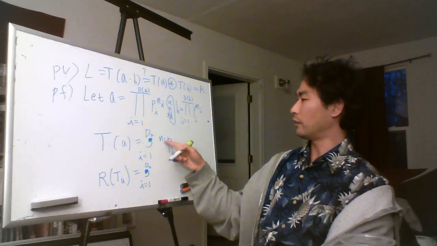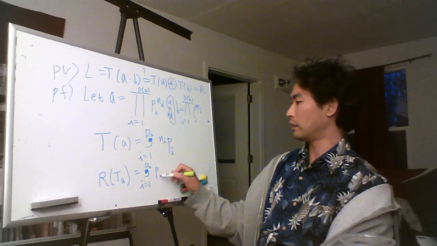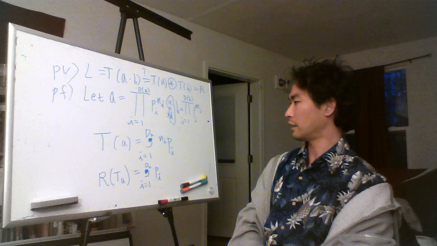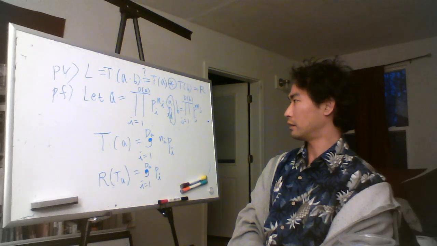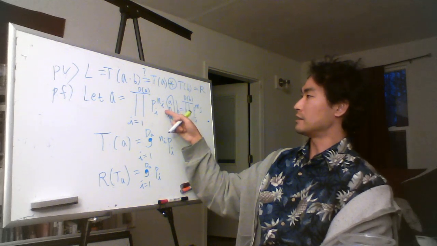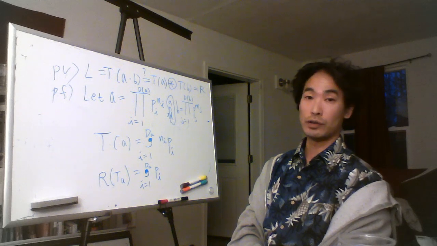And we get rid of n of i. We just say p of i. Well, n of i is not 0, that's given, because we are dealing with prime factorization, all right?